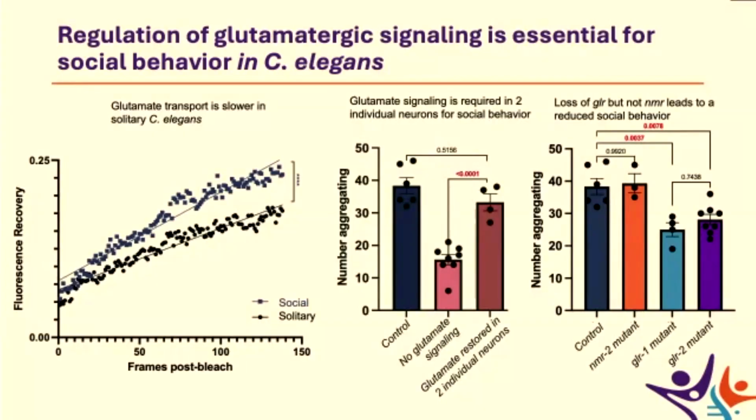The NMRs are the NMDA-like receptors, so like the GRINs, and then the GLURs are like the GRIAs. What you can see from this is that it doesn't seem like the NMRs are involved in this behavior, but you do see a reduction in the social behavior if you have a GLUR1 or GLUR2 mutation.